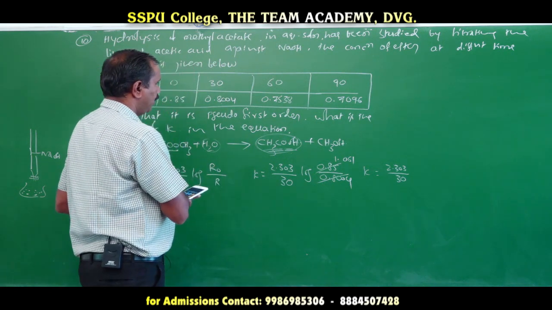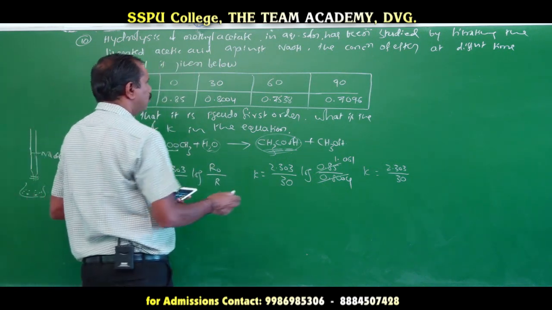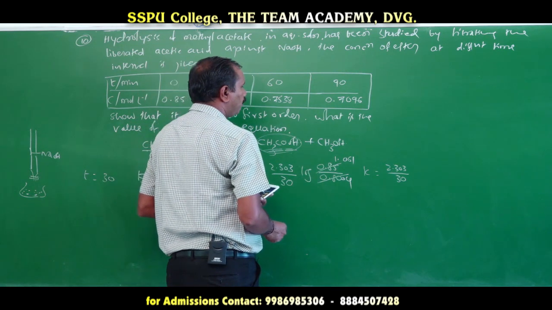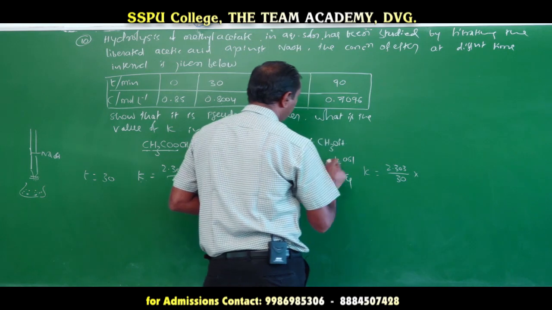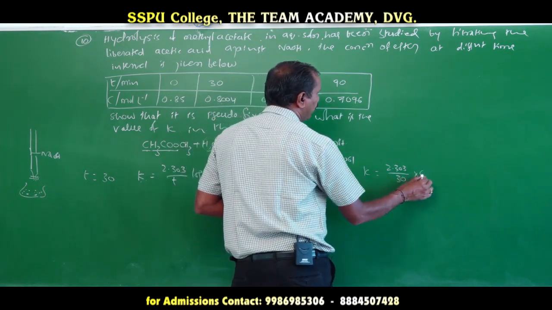Okay. Then we will find out the log value for 1.061: 2.303 by 30 into log of 1.061. The characteristic value for this is 0.